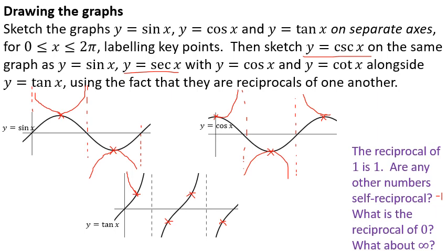We'll be approaching an asymptote towards negative infinity. So asymptote at 0, asymptote at pi, and then an asymptote again at 2 pi, approaching that way. So what happens in between times?